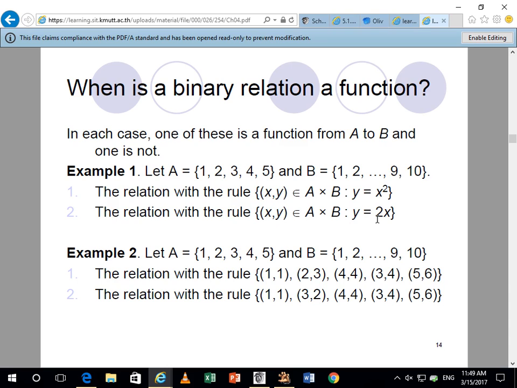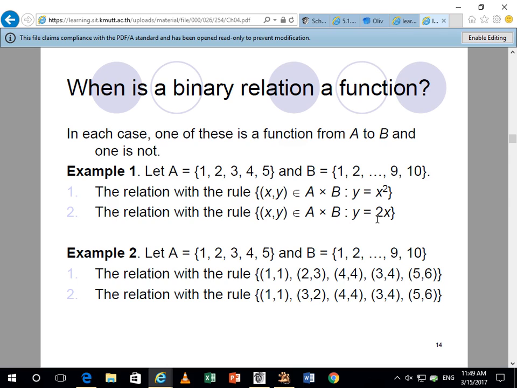Also, we can look at this other case. Every input has to give you one output.